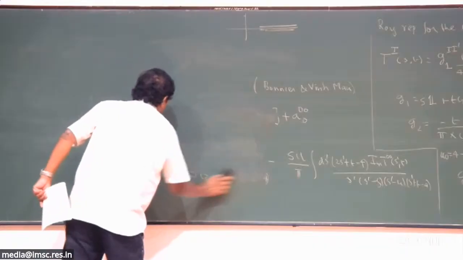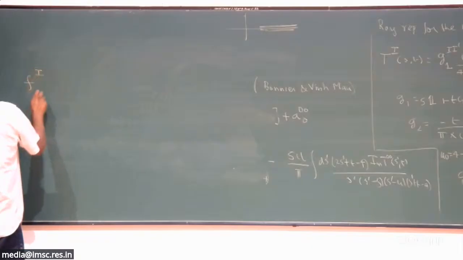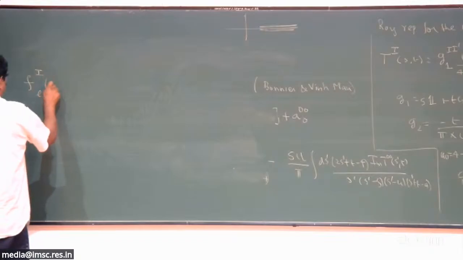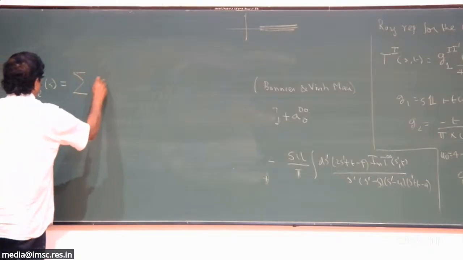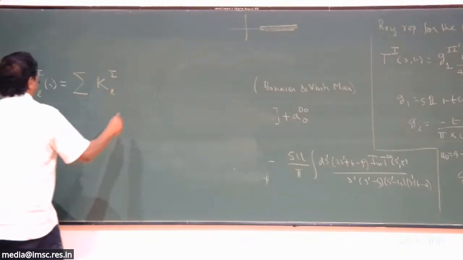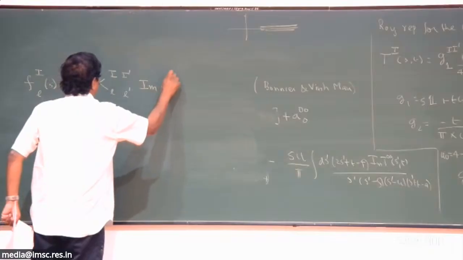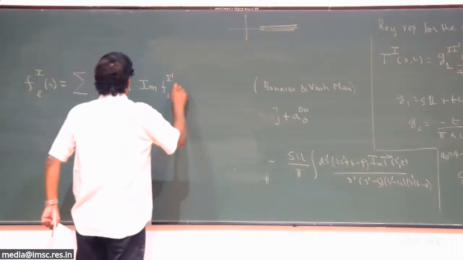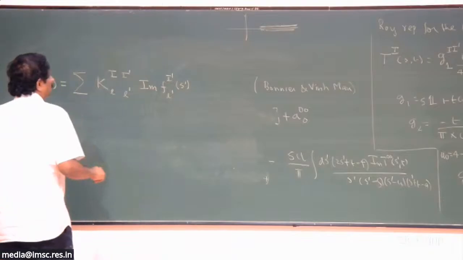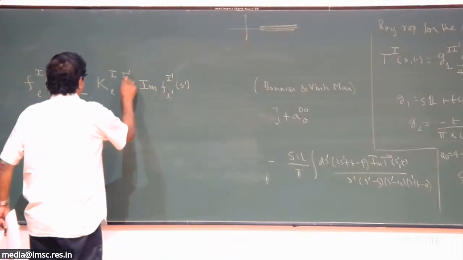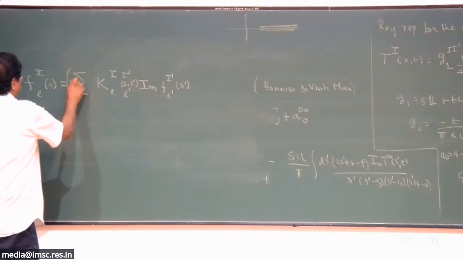So schematically, how should we write this? Schematically, we can write this in the following way. You can say the partial wave of a given isospin channel I and a given angular momentum L, as a function of s, will be coupled to K_{I L I' L'}(s, s') times the imaginary part of f_{I' L'}(s'), and then there is an integral over ds', like this. This kernel will have two arguments, s and s prime.